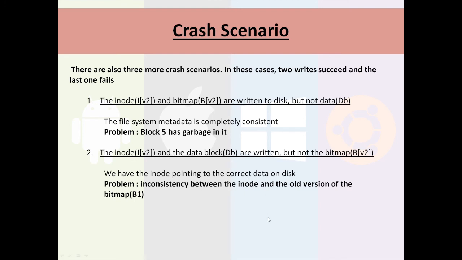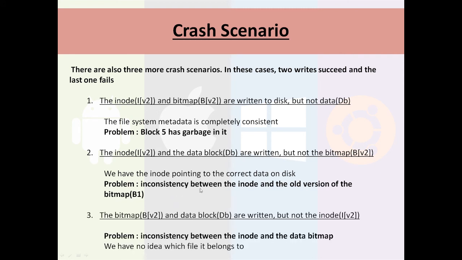The second case is when the inode and the data block are written, but not the bitmap. So here we have an inode pointing to the correct data on the disk, but there's a problem between the inode and the old version of the bitmap. Now the bitmap might say it's allocated, which would be lucky, but it might also say that it's unallocated, which would then allow it to be allocated for another file, and you could get an inconsistency there.